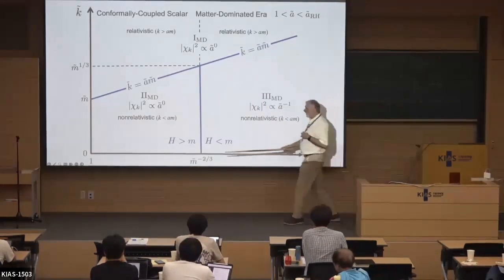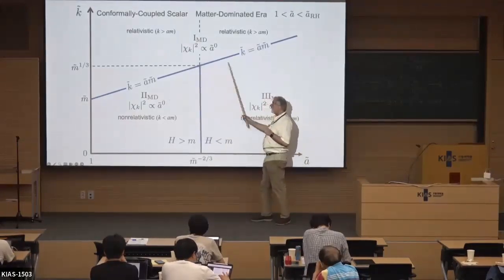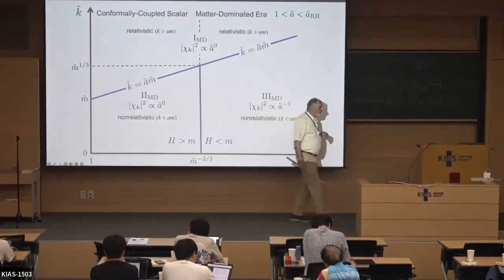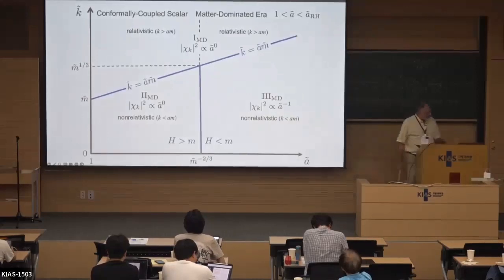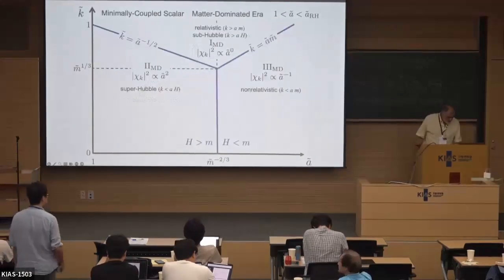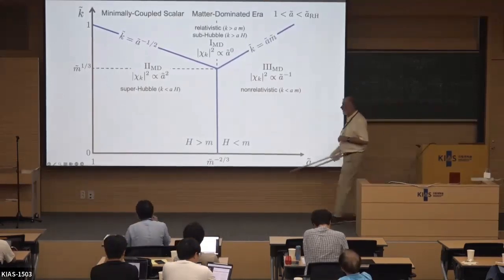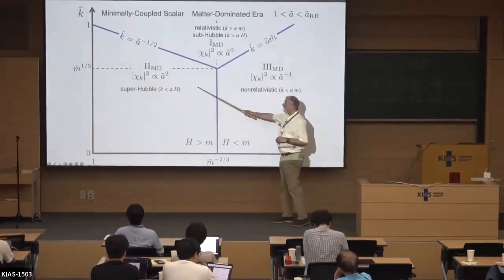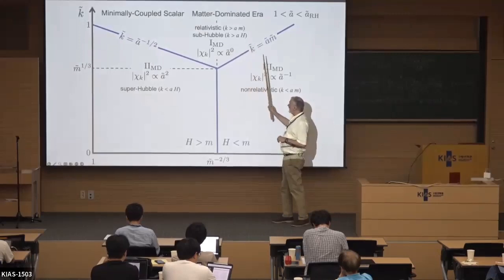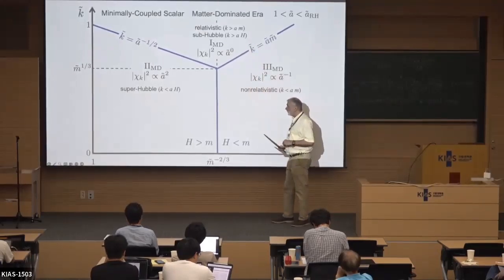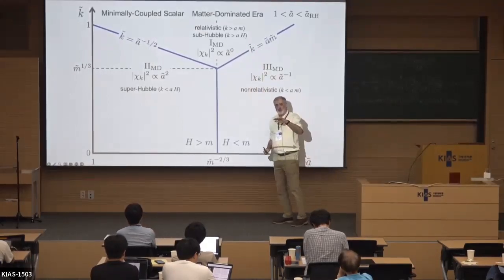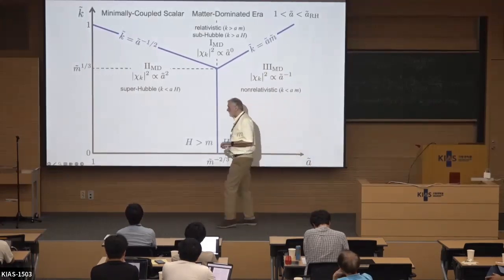In different regions it goes as a to the 0. But for the minimally coupled scalar, it will be different. It will go as a squared in this region, a to the 0 in this region, and a to the minus 1 in that region. This is detailed in the notes.